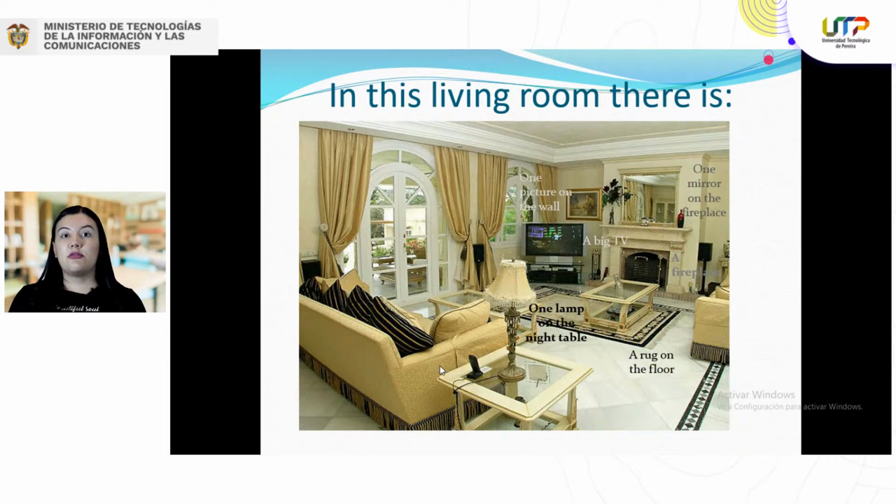And there is a rack on the floor. Okay? Those are the things that we got in this living room. Okay? So remember, we only got one thing. So we use there is. There is plus one or a or an.